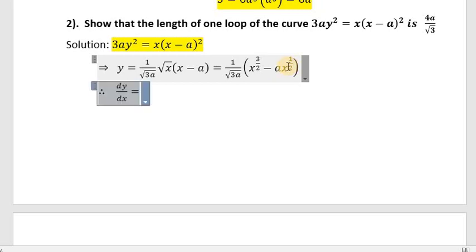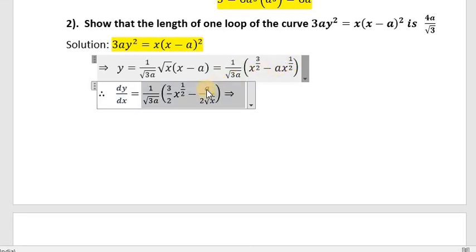Now let us find the derivative of this one. The derivative of y is equal to 1 by root 3a into the derivative of x to the power of 3 by 2, which is 3 by 2 into x to the power of 3 by 2 minus 1, that is nothing but 3 by 2 x to the power of half, minus the derivative of a into x to the power of half.